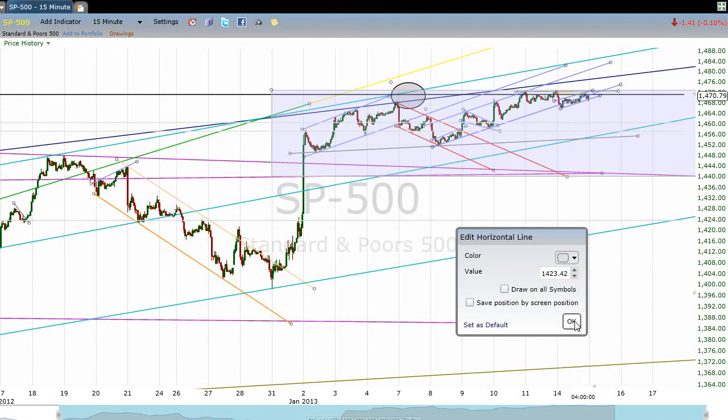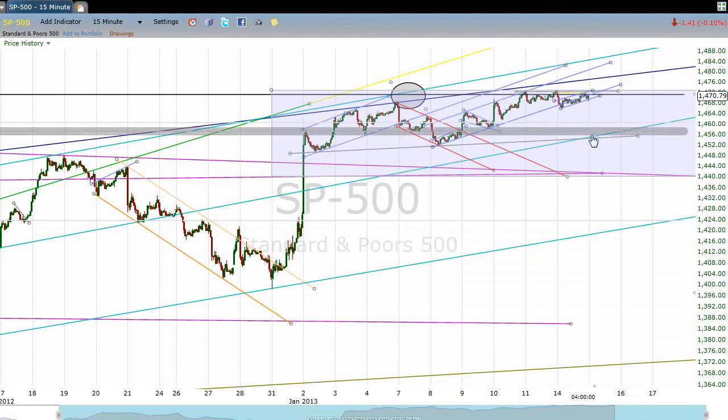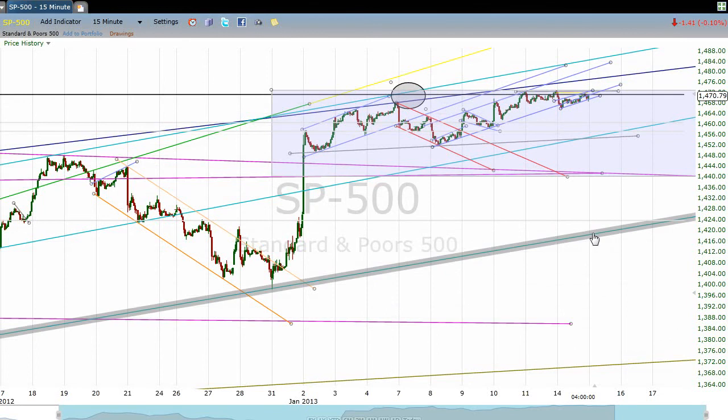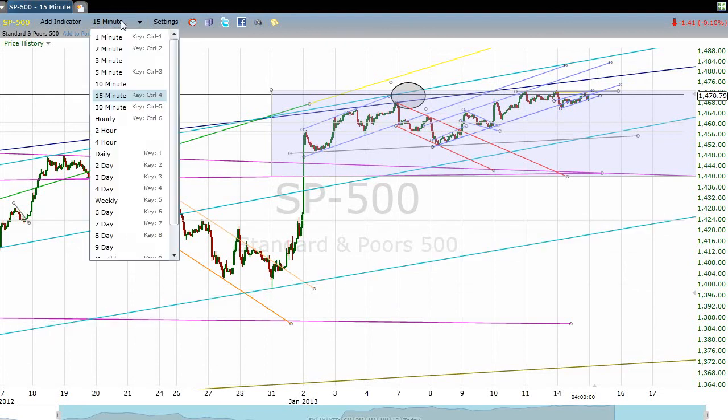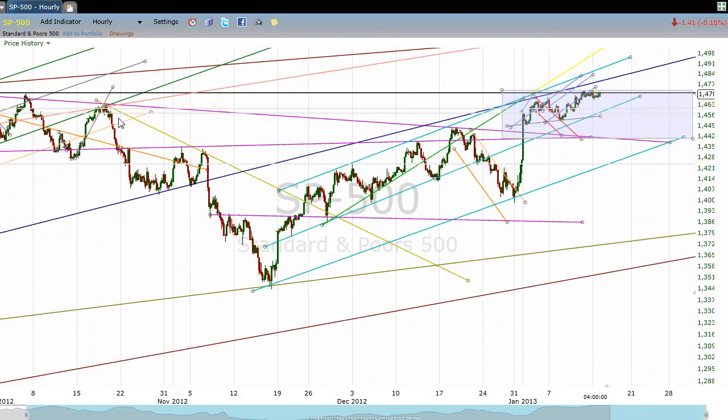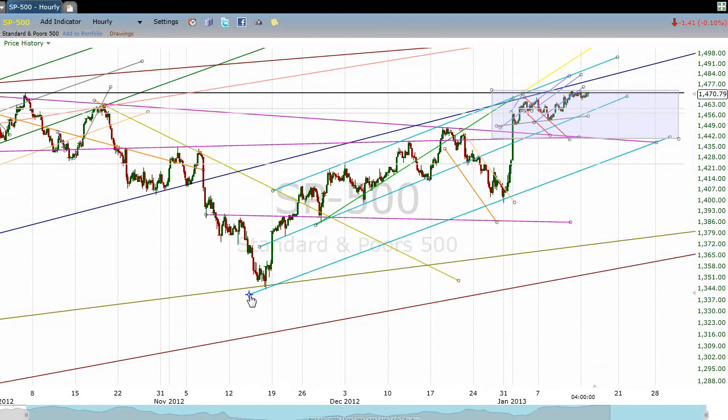I think we would need a little bit more of a mature top before we see any kind of sell-off that's going to take us back down to either this line in the 1420s or this rising support line that is drawn from our last 2 more significant lows. So there could be a topping pattern developing here.